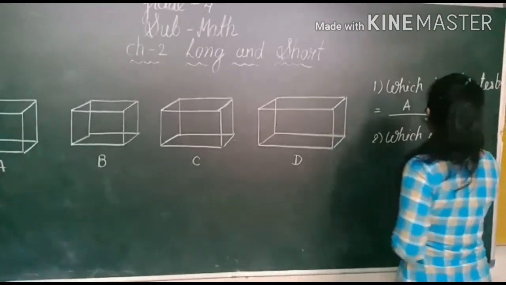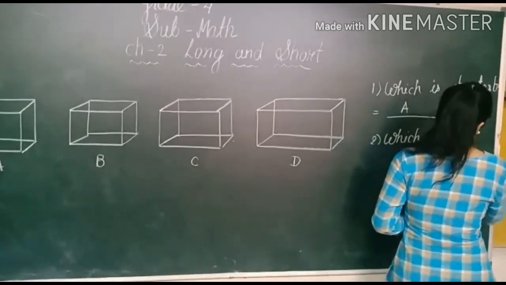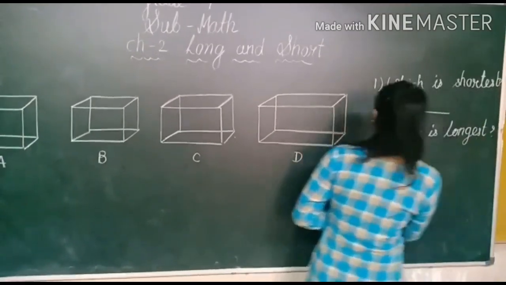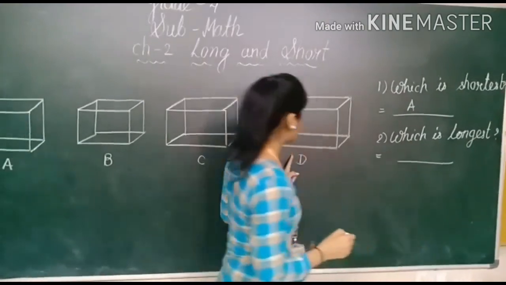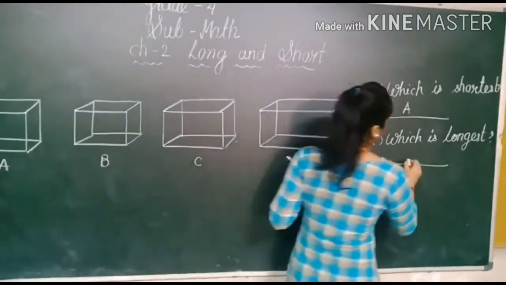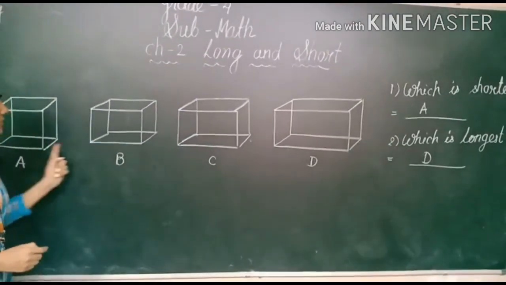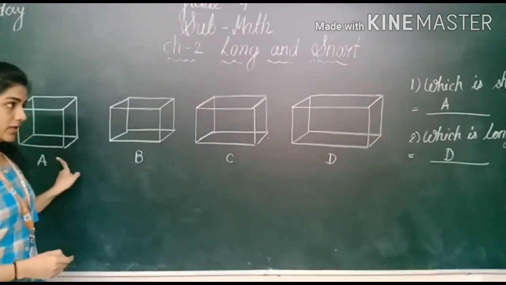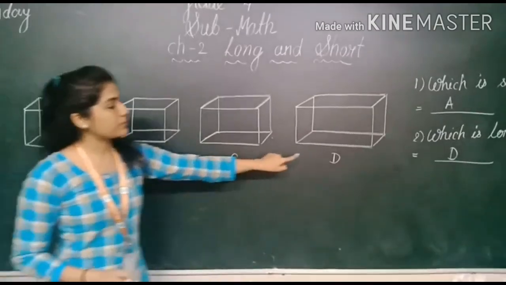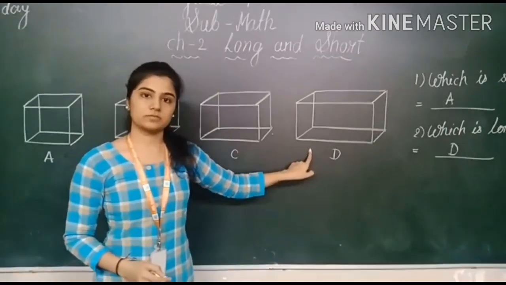Which is longest: this last D shape is longest. That means here we are doing comparison. From all the shapes, shape A is shortest and shape D is longest.